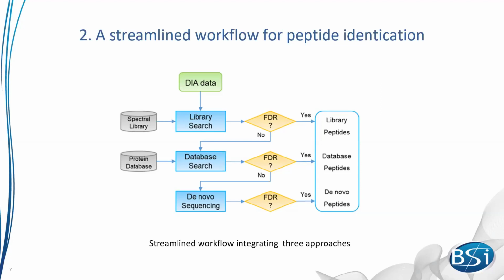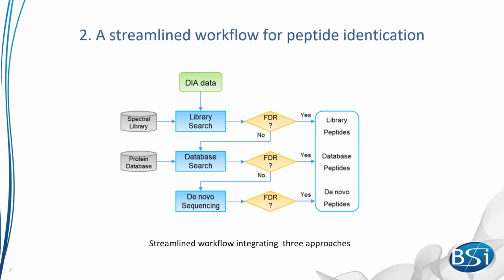Then we use transfer learning technology to extract features specific for this data set and pass that information to the following deep learning technology to make the peptide identification fit this data better, so that we can get a higher identification rate and lower false discovery rate. So this is the workflow we put online for DIA data analysis.